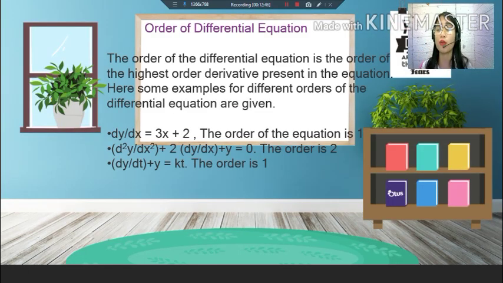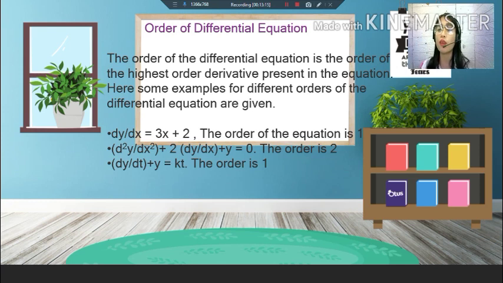And for this part, we'll also learn the order of a differential equation. The order of a differential equation is the order of the highest order derivative in the equation. Here are some examples of different orders of differential equations. This is the first one, dy over dx equals 3x plus 2.